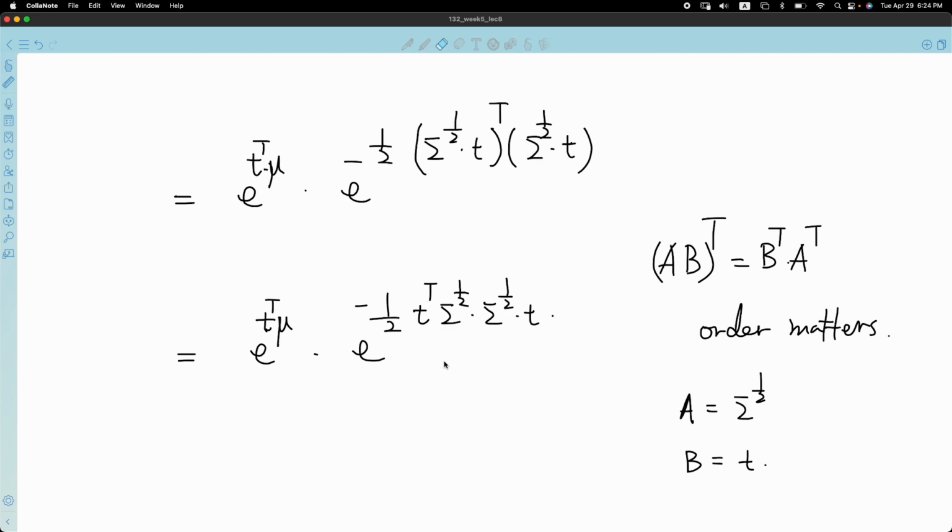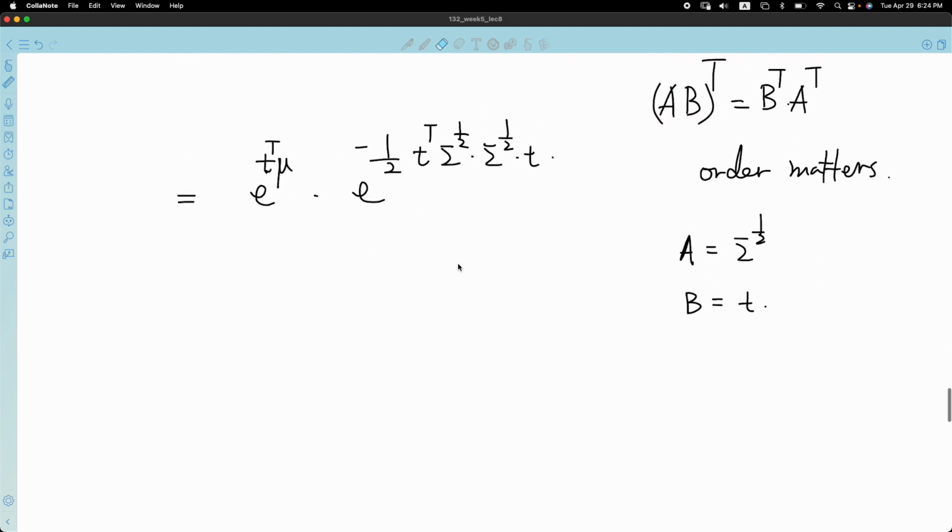Okay, there is one more thing regarding this 1/2 I want to talk about: sigma 1/2 multiplied by sigma 1/2 is equal to the sigma matrix. This is an n by n, this is an n by n, and this is also an n by n matrix.